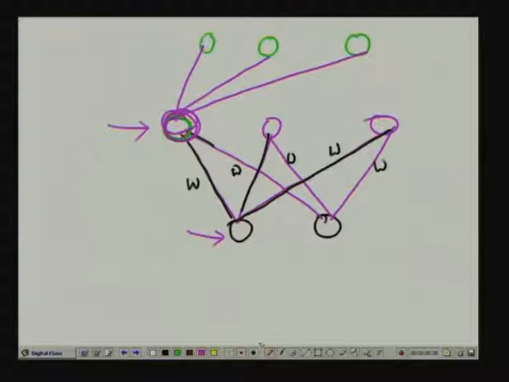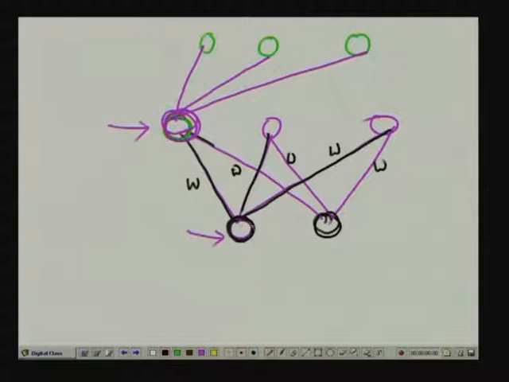So, the basic idea behind back propagation here is that whatever error you observe at the output, you try to allocate the error to the hidden units. If there is no error at the output, you assume that there is no error at the hidden units also.